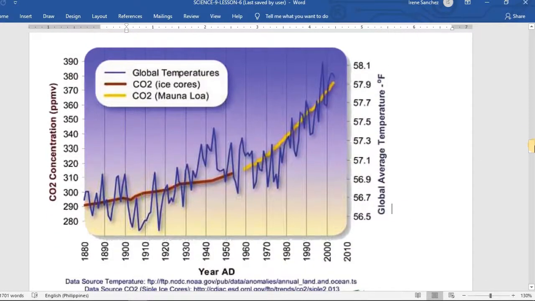These blue ones, which look like seismic wave readings. In 1880 it starts around here, and by the last year, 2010, it ends around 58.0 degrees Fahrenheit. So remember, it's degrees Fahrenheit. No need to convert, just use the Fahrenheit. That is the increase.